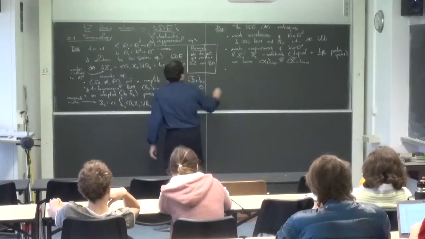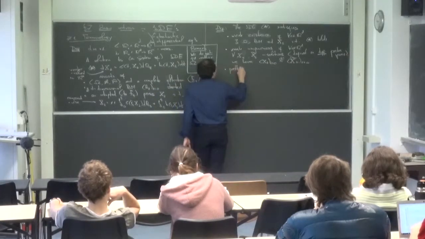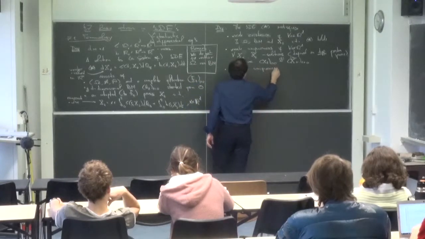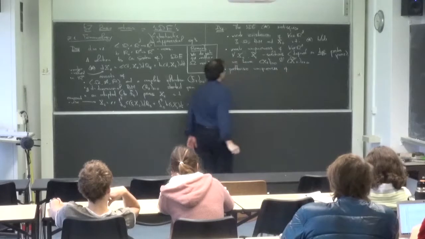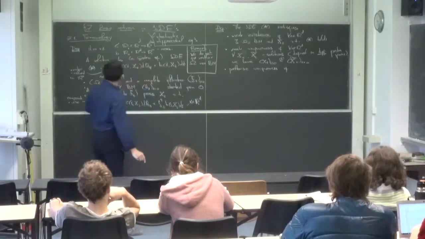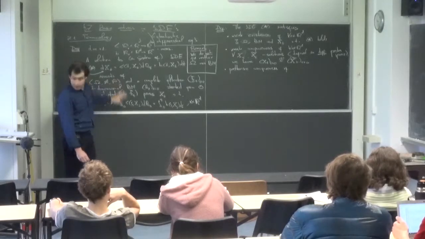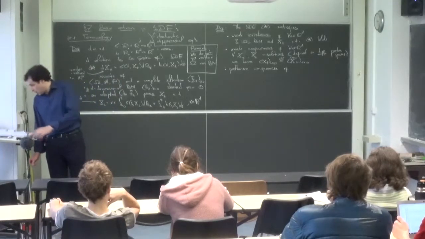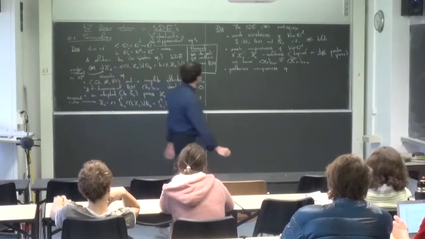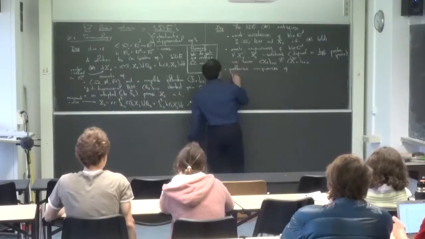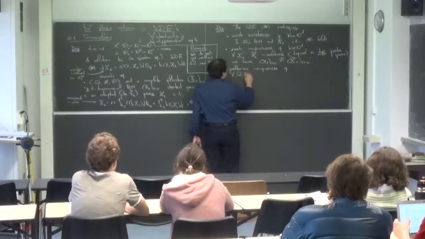So this is called pathwise uniqueness, if for any realization of the Brownian motion, these two processes basically just coincide.